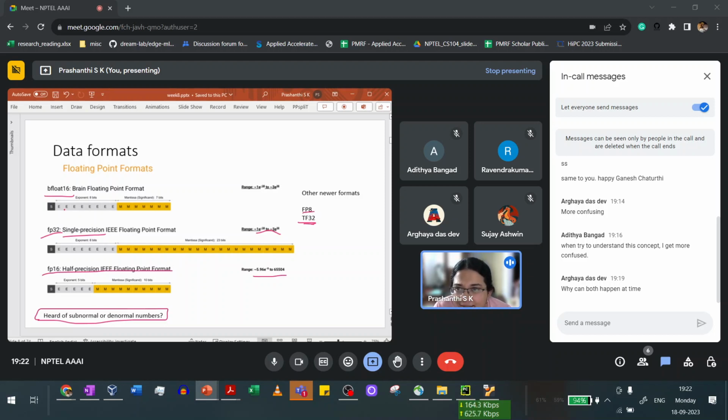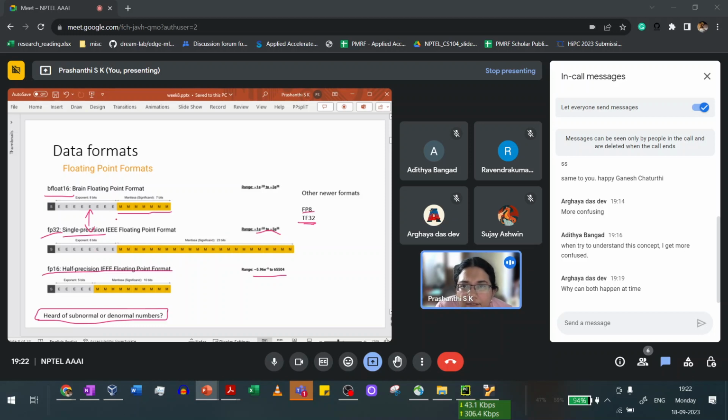So you can see that some of them, like bfloat16, keep the number of bits for the exponent the same as the single precision standard format, but reduce the mantissa. Now think about both, right? What happens to the range? What happens to the precision?